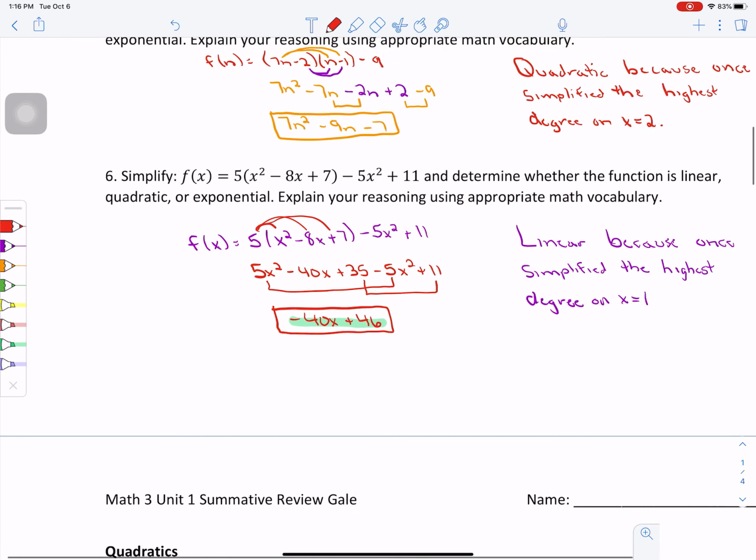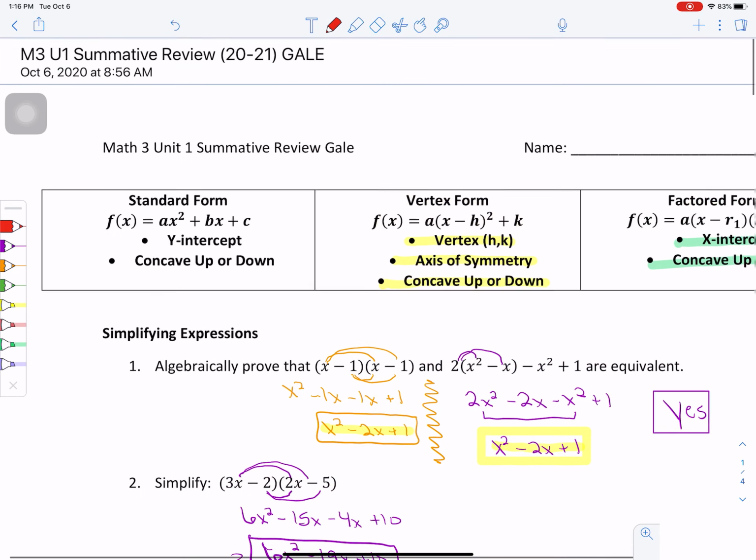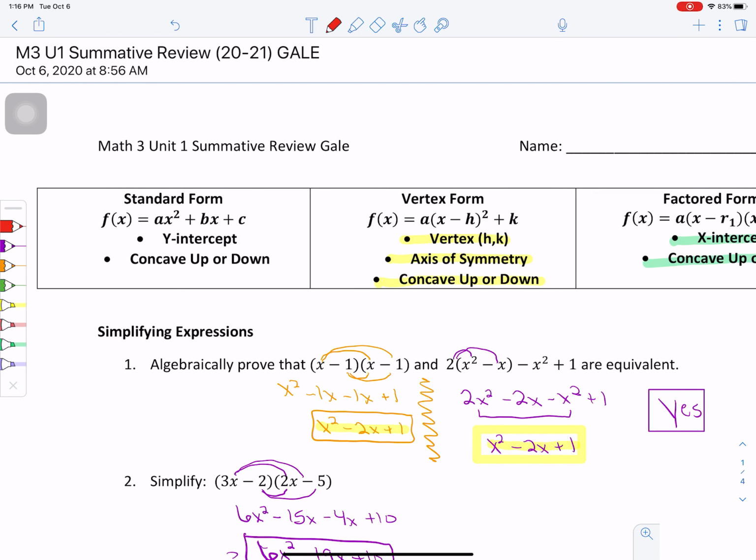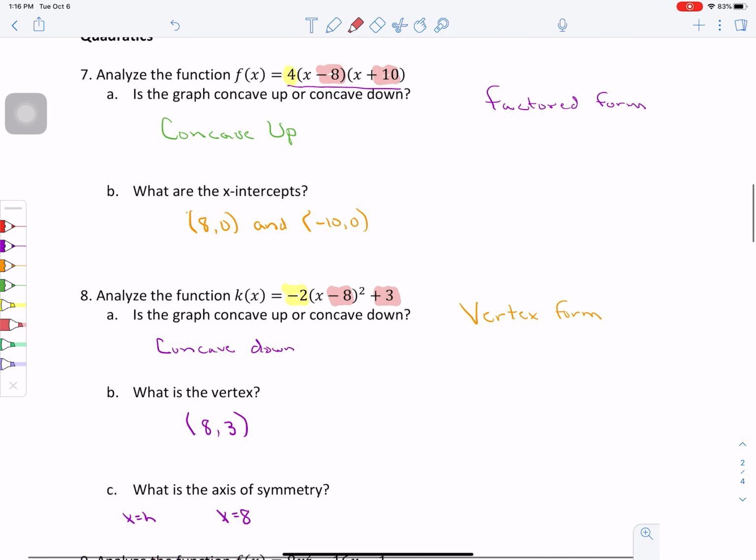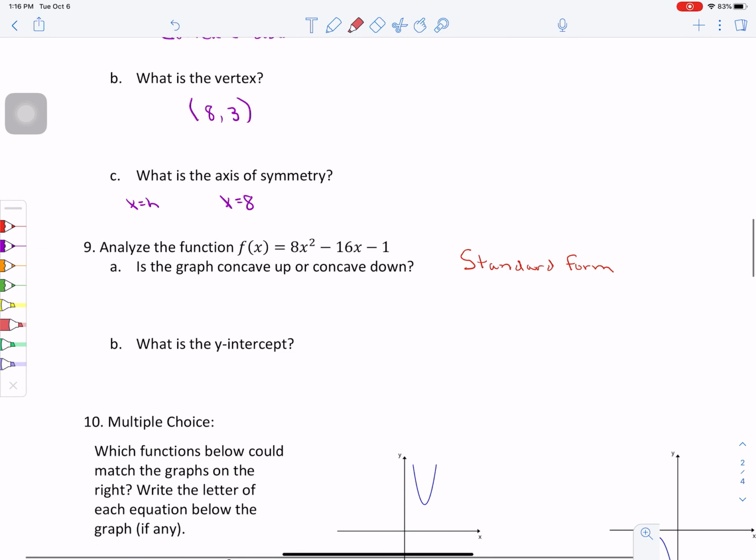Standard form, according to what we've been studying so far, tells us that we know the y-intercept from this form, and we know whether it's concave up or down. So is it going to be concave up or down? This first number tells us that, just the same as it does in every problem. Since it is positive, it's going to be concave up.